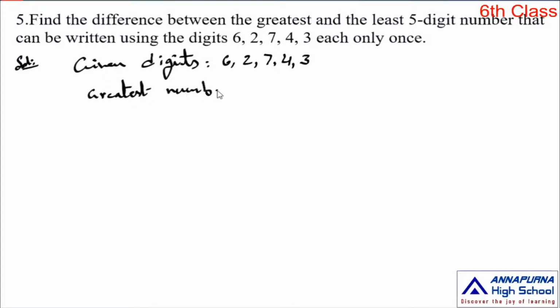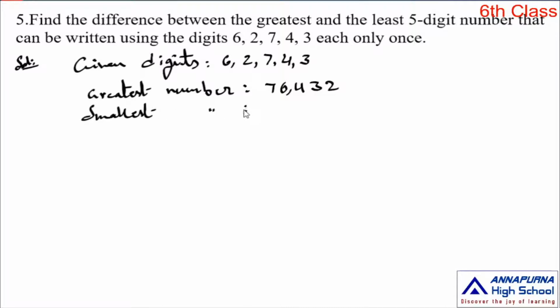Can you write the descending order of these digits? 7 first, next 6, next 4, next 3, next 2. This is the descending order of the digits. This is the greatest number by using these 5 digits, that is 76,432.